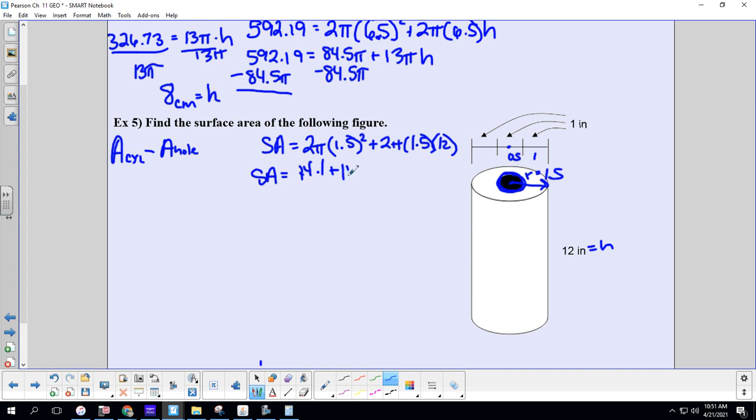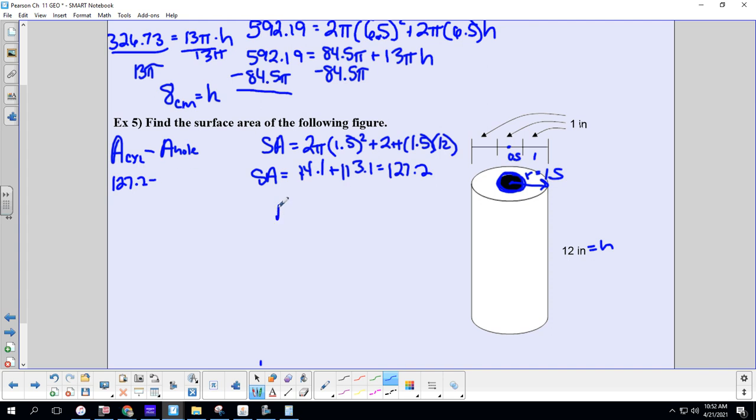And that's about 113.1, and we're going to add those together. And we get 127.2. Okay, so that's the area of the cylinder, 127.2.